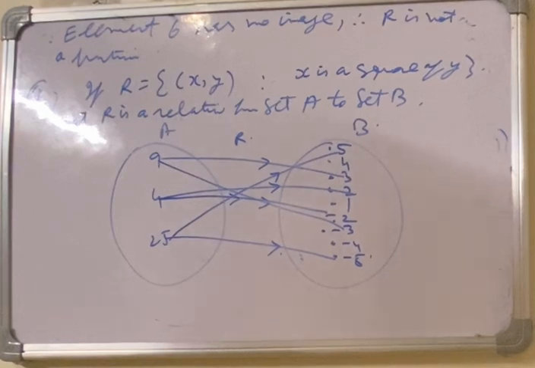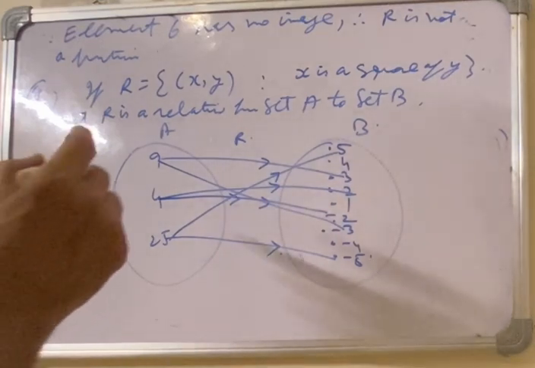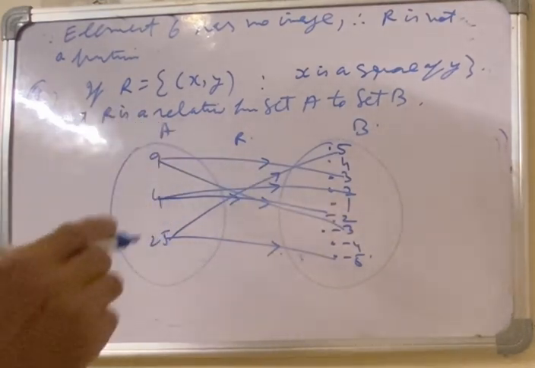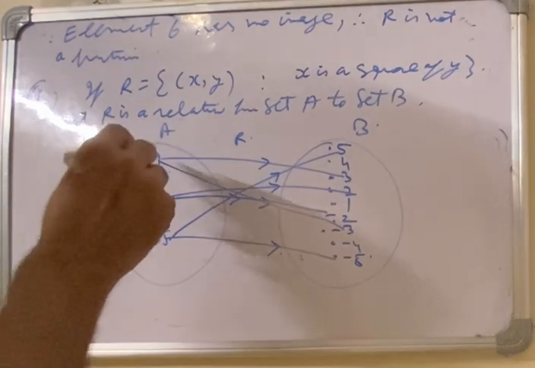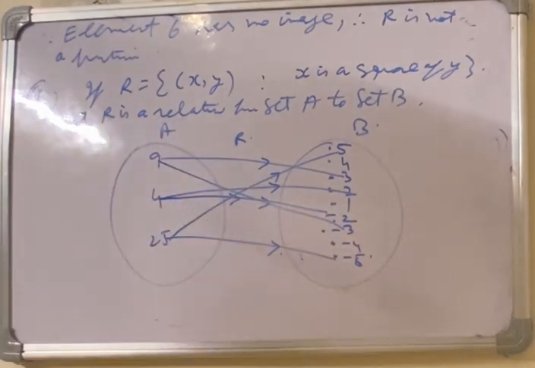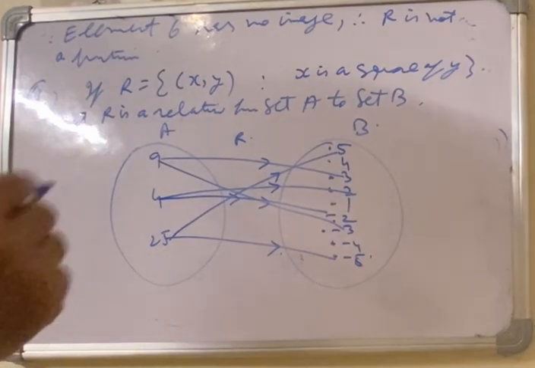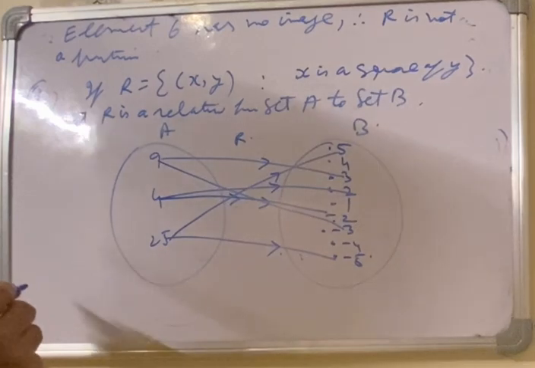If you remember the definition of a function, every element of first set must have only one image. Every element of set A must have at least one image in set B. Now, because the elements of first set A have more than one image in set B, this is not a function.